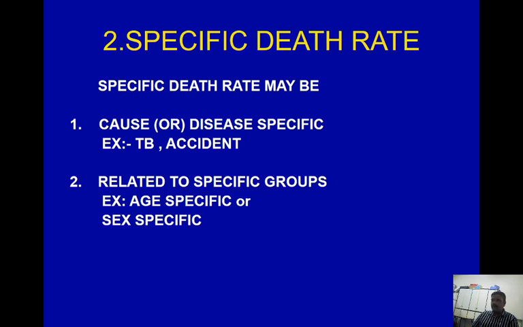Cause specific death rate or disease specific death rate is the rate of deaths happening due to TB, due to traffic accidents, due to HIV, or due to COVID. Whereas when you look at groups, you say age specific: deaths under 5 years old, deaths under 1 year old, deaths more than 65 years old. Sex specific: deaths among men, deaths among women, right? So this is specific death rate.